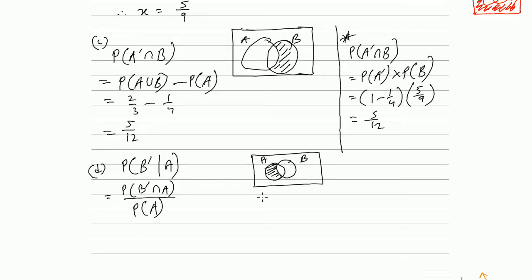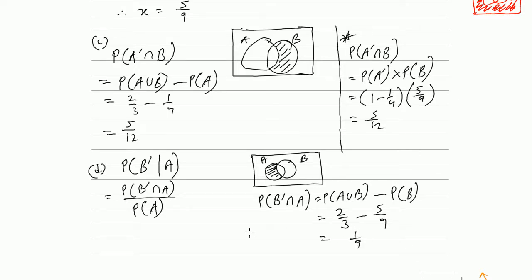So probability of B prime intersection A is probability of A union B minus probability of B, which is 2 by 3 minus 5 by 9, and you get 1 by 9.